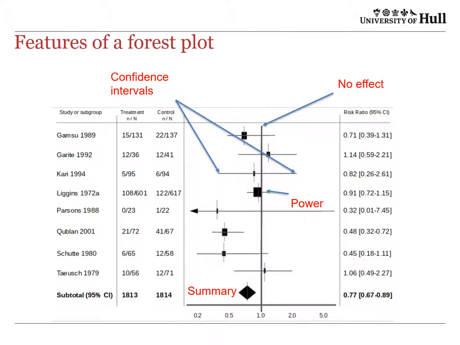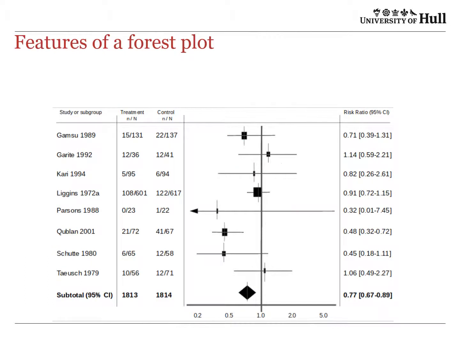Now, the great thing about systematic reviews is that they are cumulative. This is a snapshot in time when these studies were collected and analysed, but further studies can be added to this, and of course the summary point may well shift. You can also see the value of doing meta-analysis and not relying on individual studies, and particularly not relying on small studies which will have large confidence intervals.